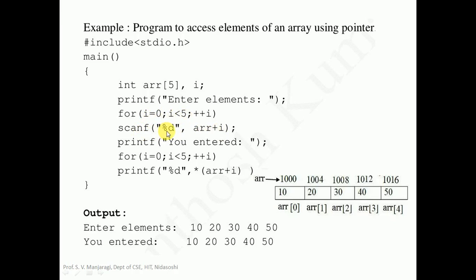In this scanf, we read the element which is stored at array plus i. So what is array plus i? Let us understand. If you enter the first element as 10, let us see where it will be stored. The array name by default is pointing to the base address of the array.